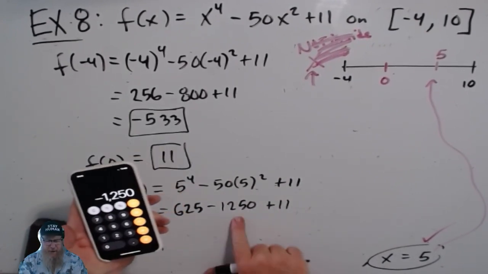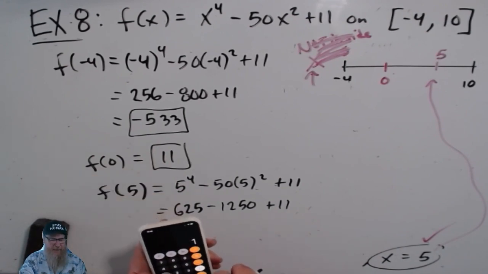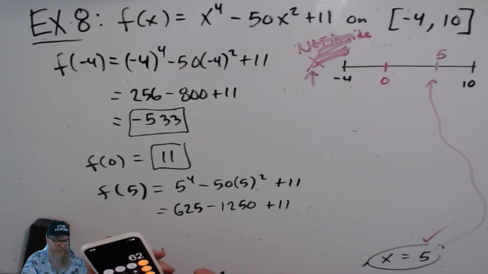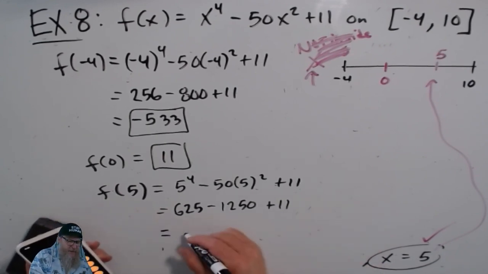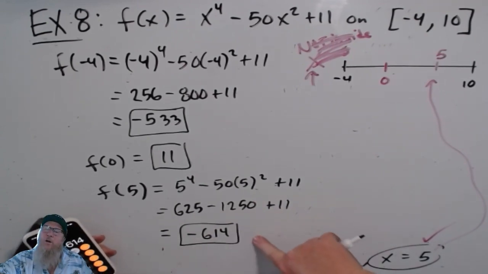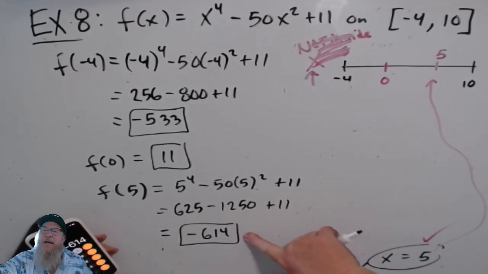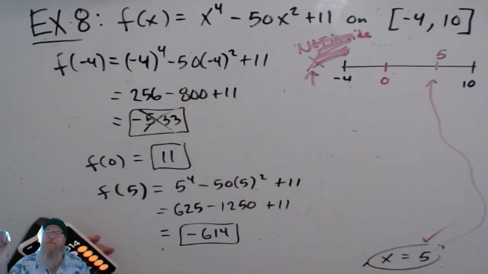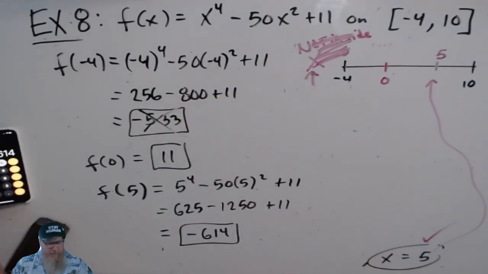I got negative 1250 plus 11 plus 625. That is negative 614. Oh, we got a new winner or loser, right? The biggest loser. Negative 614. That's my absolute min so far. So I know this is out of the running. Somebody's already gotten smaller than that.